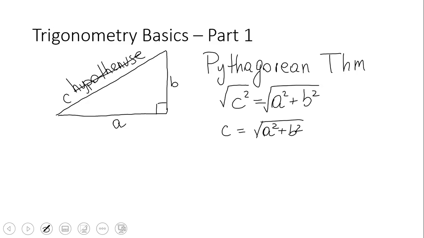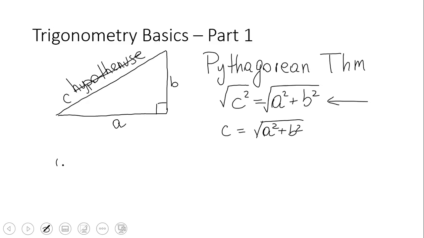And this is an important theorem because essentially it tells us that if we know two sides, we automatically know the third. In this case, if we know A and B, we can calculate what C is. But more than that, this tells us that if we know any two sides, we know the third side, because we can solve the first equation here for any of the three.